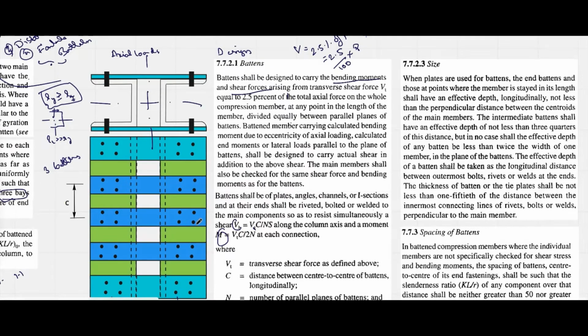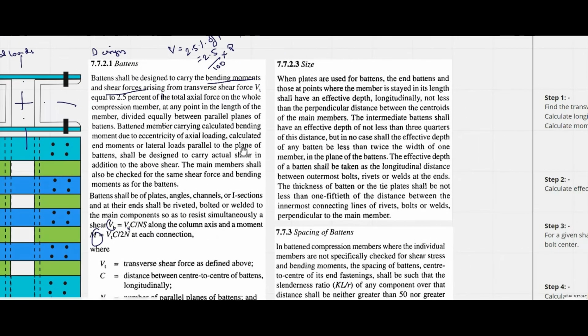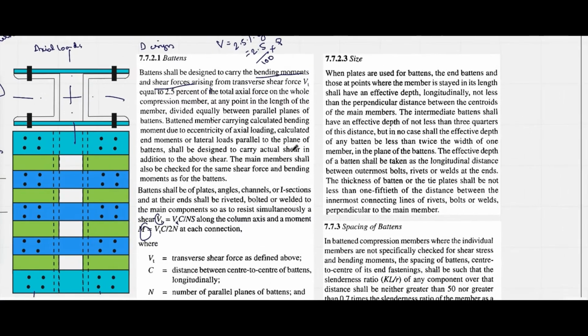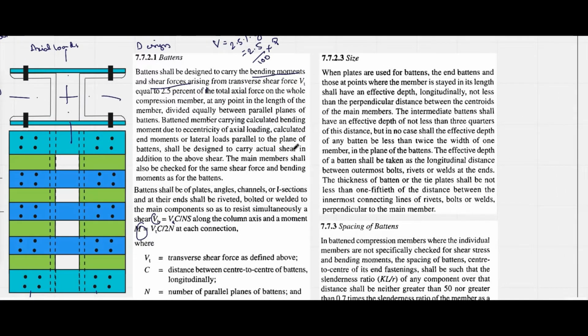Apart from the design shear and moment, what should be the actual size of the batten plates? From clause 7.7.2.3, the thickness of a batten or tie plate shall not be less than 1/50th of the distance between the innermost rivets or bolts.